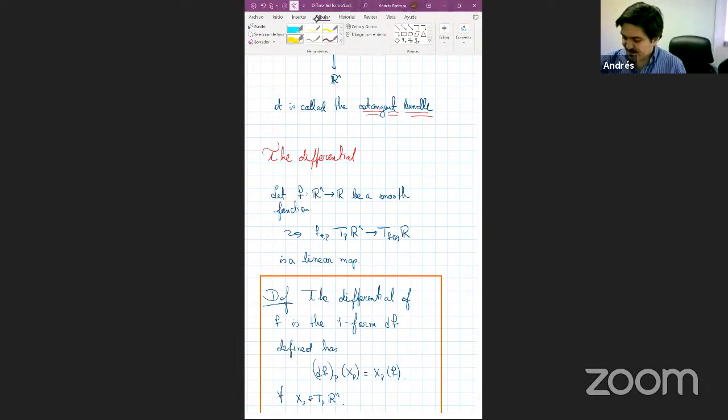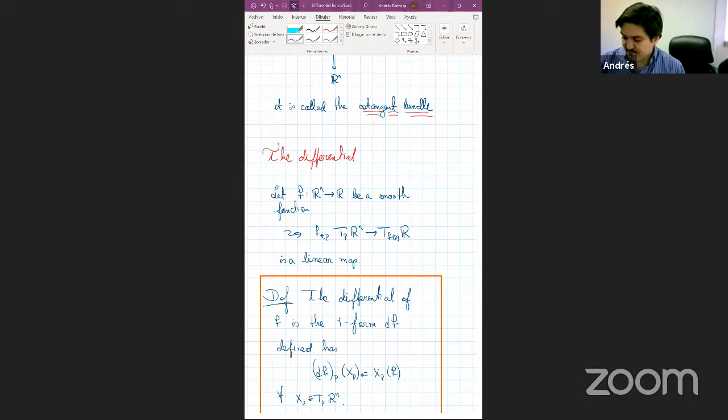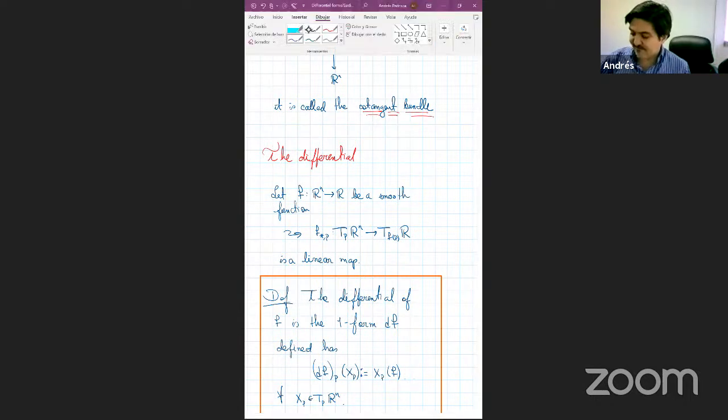And this is defined by that equation. This is the definition. So you have a one form, you plug in a vector, and the definition is based on something that we have seen before. Okay? So sometimes instead of writing f star, we will write df.